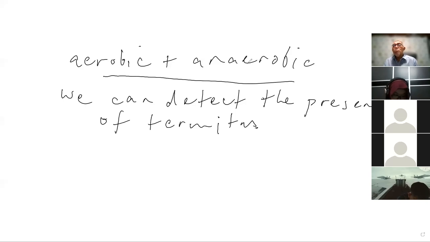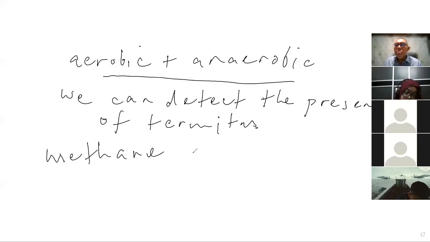Due to this anaerobic metabolism, we can actually detect the presence of termites in any premises by the presence of the gas methane. They do not produce lactic acid, as in our case, but termites do produce methane gas when anaerobic metabolism takes place.